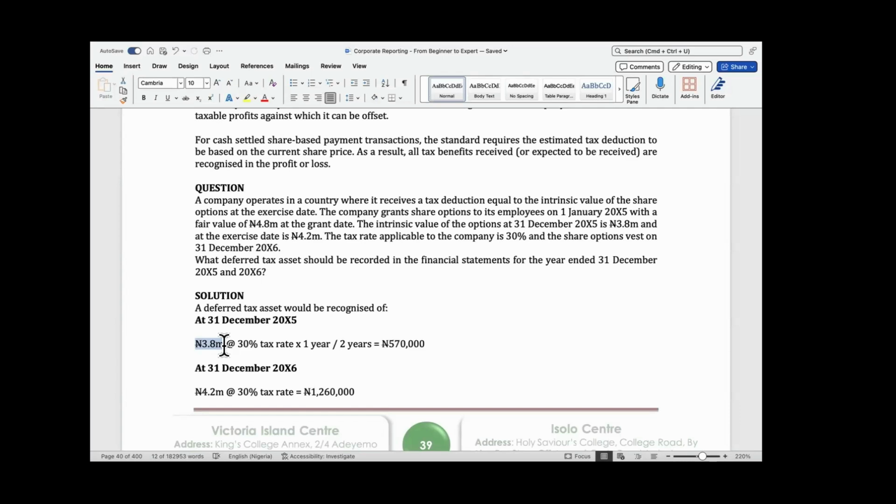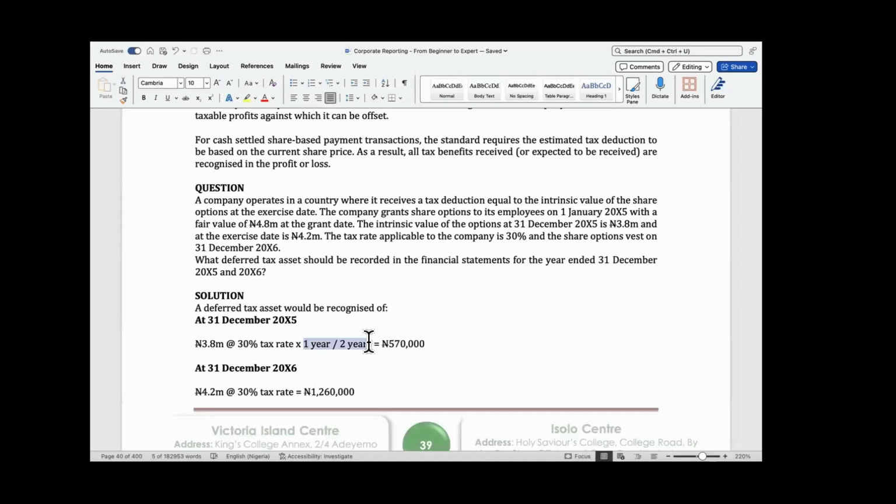And if you remember what Mr. Kazim taught you, as soon as you apply your tax rate to this deductible temporary difference, you immediately get your deferred tax, and in this case, a deferred tax asset.